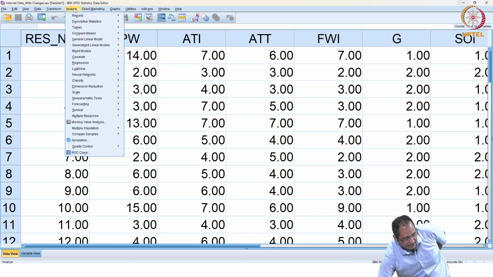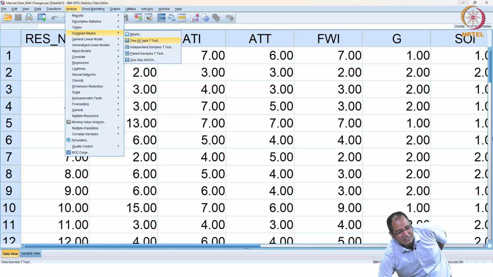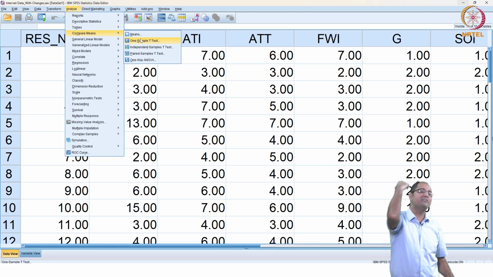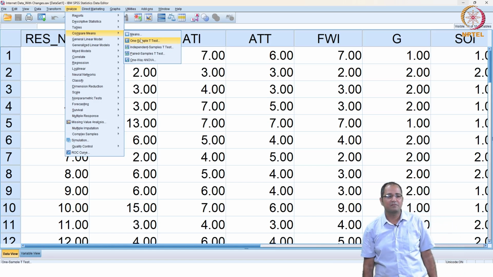So we'll go to Analyze, Compare Means, and this is the one-sample t-test where we are comparing. There is one sample and we are comparing whether the population mean is different from 4. So always when we are doing hypothesis testing, we are using the sample to infer something about the population.